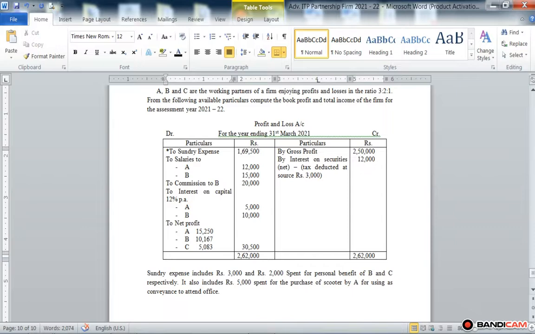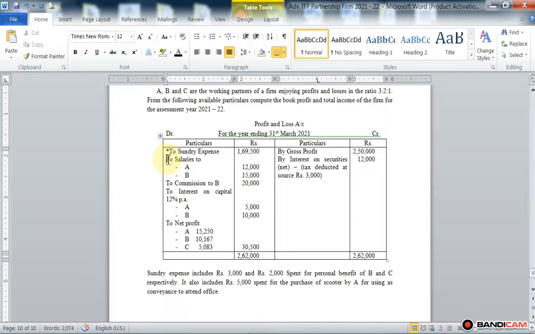The 3,000 and 2,000 were spent for the personal benefit of B and C. Personal expenditure of a partner is inadmissible, disallowed. So first we add the sundry expenses to net profit. Then salary: we add salary to net profit, and then we get a deduction of salary for working partners only.